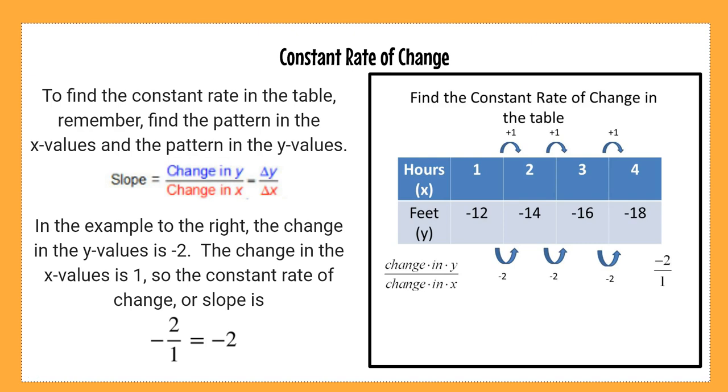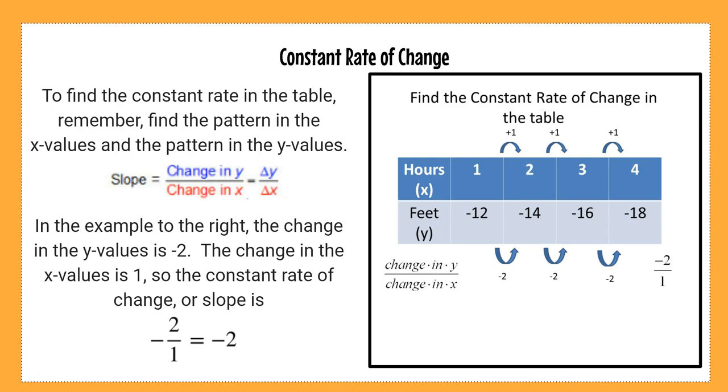So from negative 12 down to negative 14 down to negative 16 is going down 2 every time. So we represent that as negative 2. Well, the change in the x values is 1. From 1 to 2, 2 to 3, and 3 to 4, the constant change is 1.